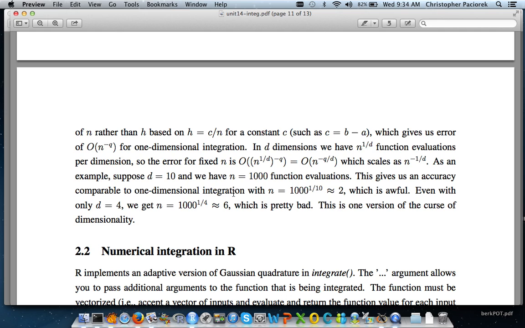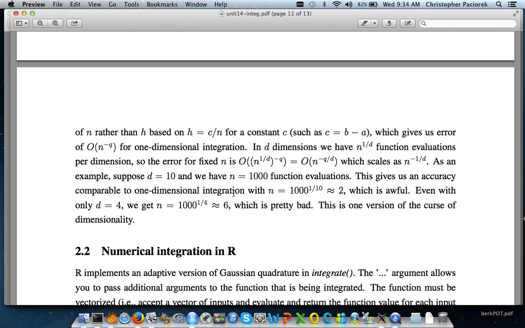So if I now think of it in terms of the standard error of the estimator, that's basically going to put it in terms of the same scale as we had over here. This is going to be 1 over n to the 1/2, so n to the minus 1/2.